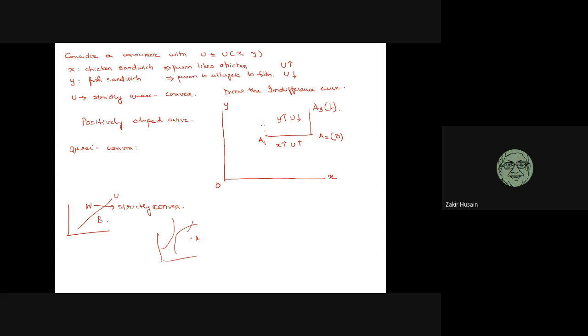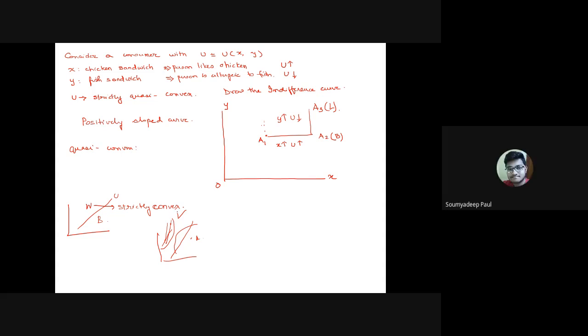So if it is like this and I connect these 2 points, they are lying outside the set. Right? But if I take this, whichever 2 points I take, they're always going to lie within the worse set.